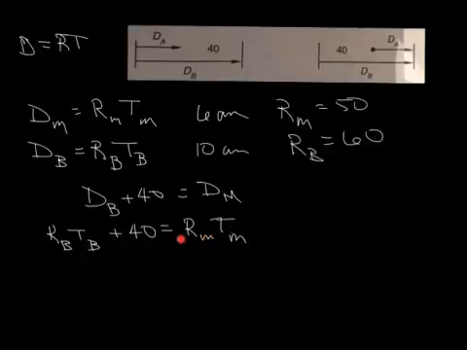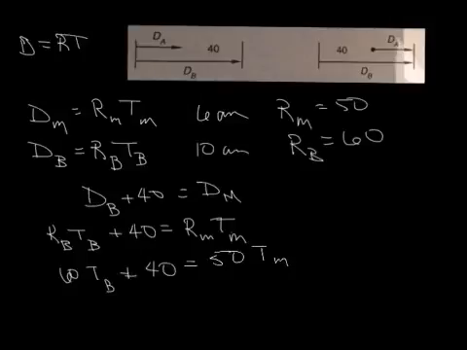So I've got that, and then I can start filling in the blanks. The rate of Beauregard is 60, we don't know anything about time, plus 40, and the rate is 50 times TM.